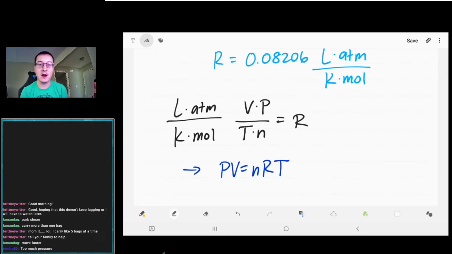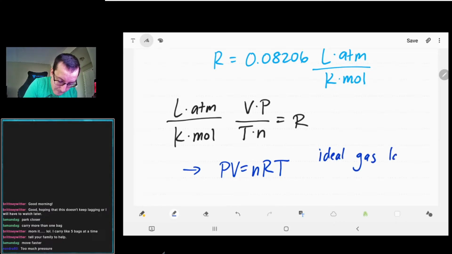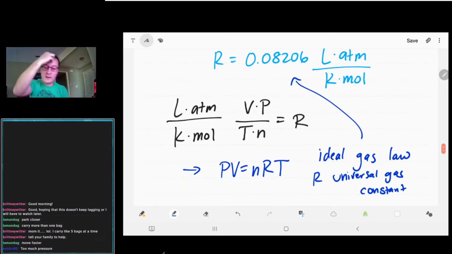We've just done some algebra, tweaking it. This is what is known as the ideal gas law. And R is a universal gas constant.